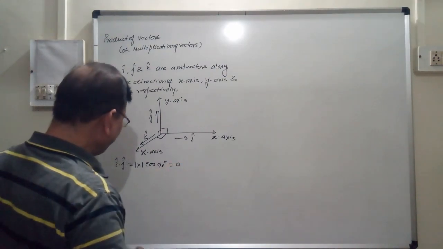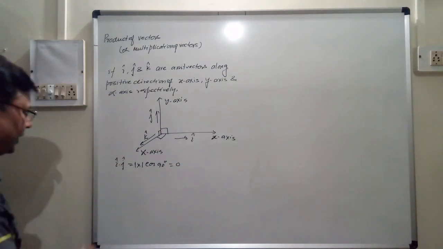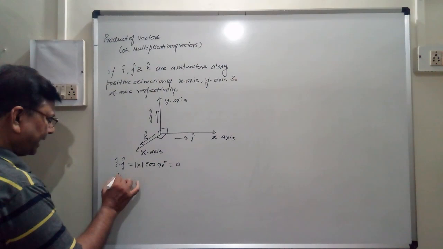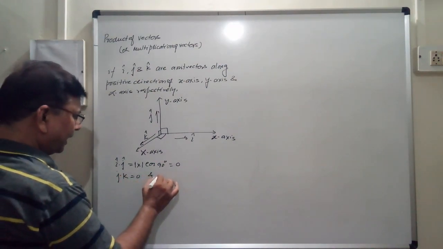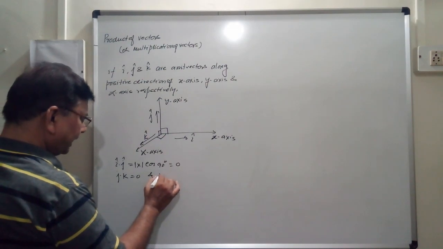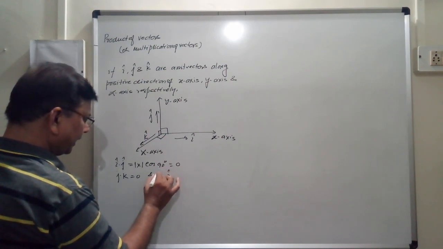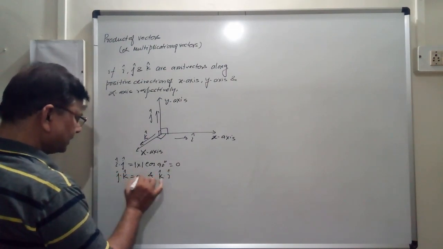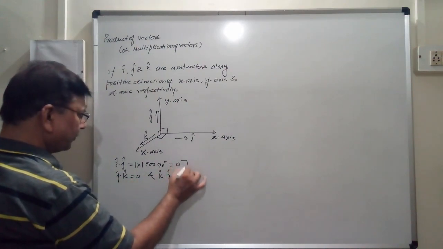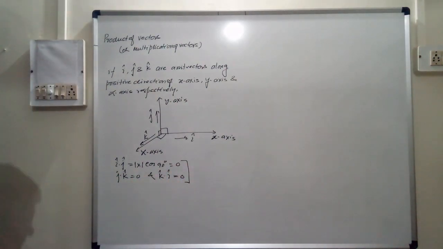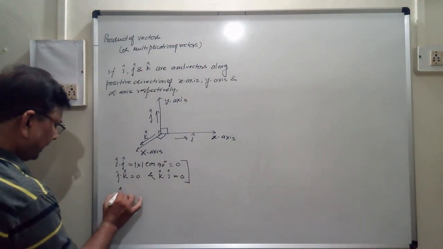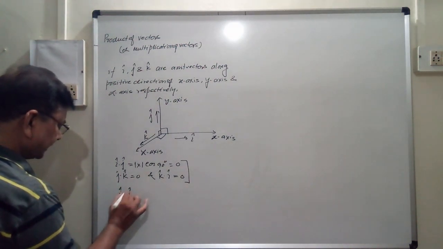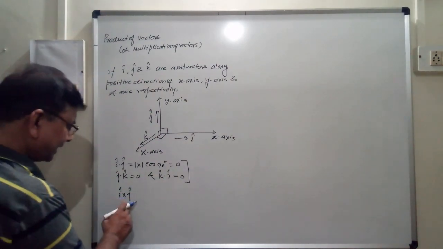So I dot J is 0. Likewise, J dot K is equal to 0, and K dot I is equal to 0. Very important relation. Similarly, I cross J. I cross J will be what?